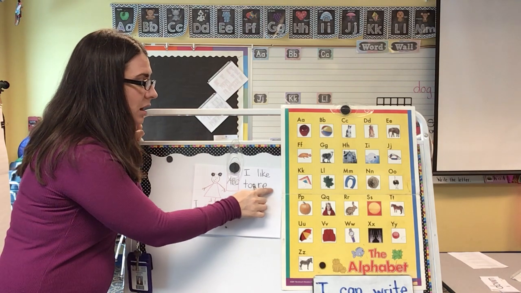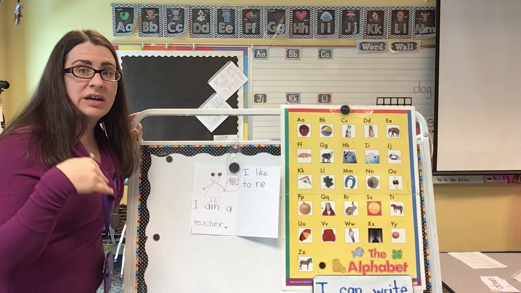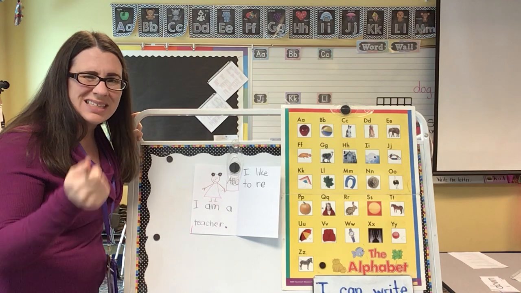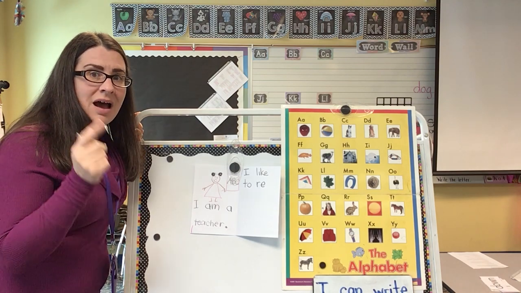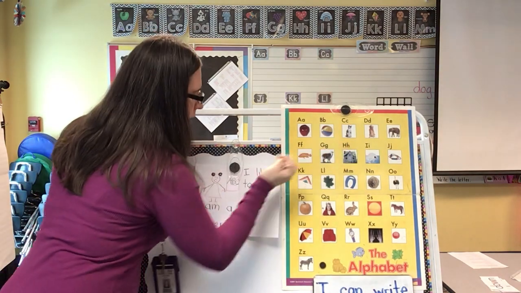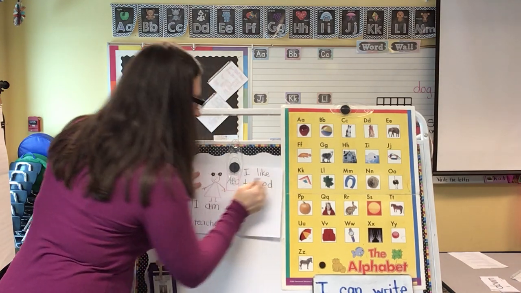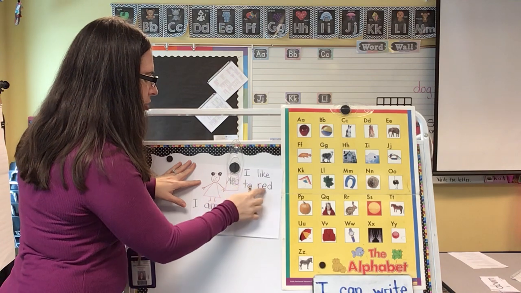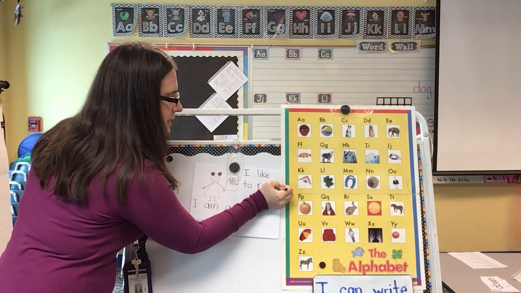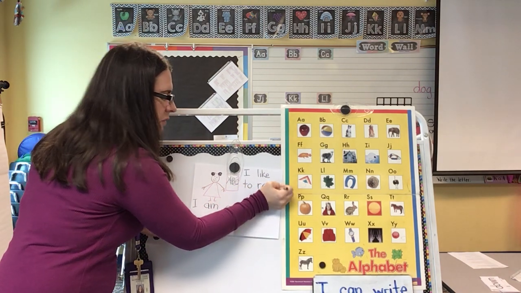Read. D. The last sound I hear is a D. What letter says D? The letter D, you're right. So let me write the letter D. Okay, I like to read. Well, there's my sentence. I better put a period at the end so we know that we're done.